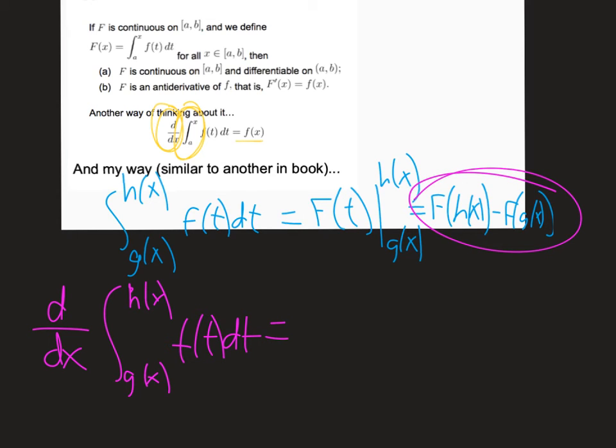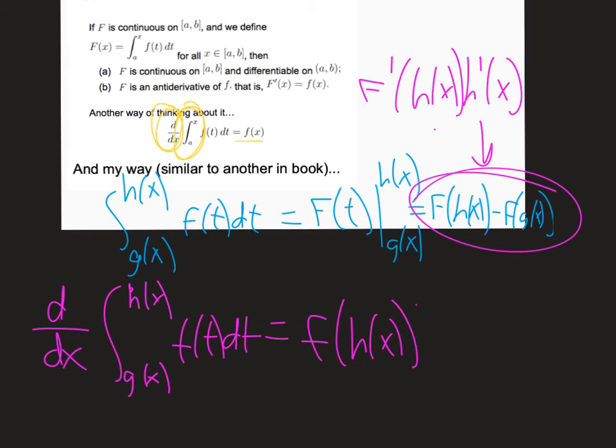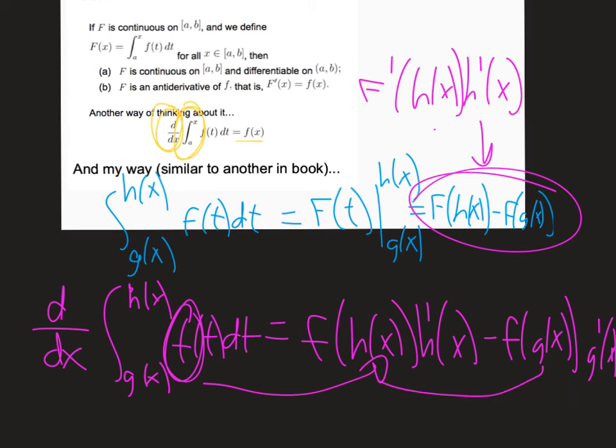So the derivative is going to be big F prime of h of x times h prime, because that's chain rule. Then same idea for g. But big F prime is little f. So little f of h of x times h prime minus little f of g of x times g prime. So basically, I don't need to find the antiderivative. I can take the function, plug in the missing pieces, and then multiply by the derivative of those pieces because of chain rule stuff.